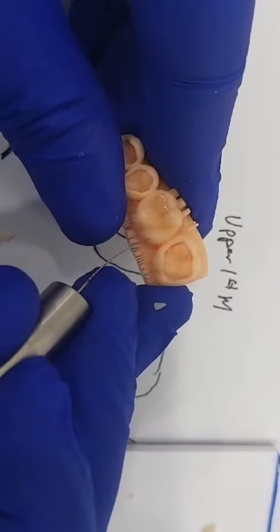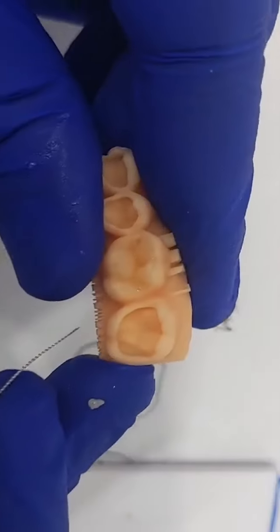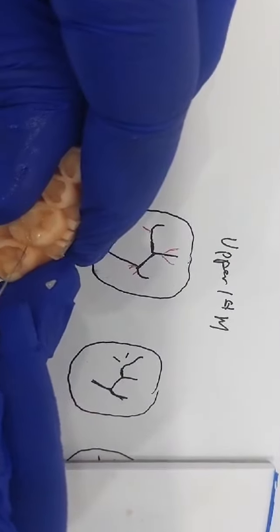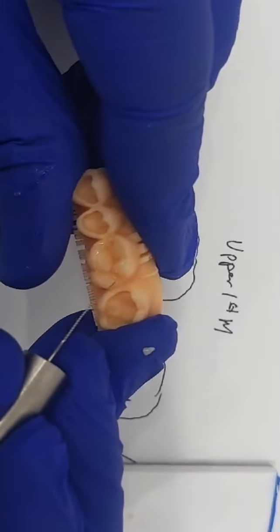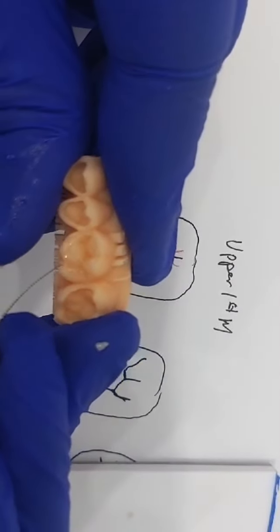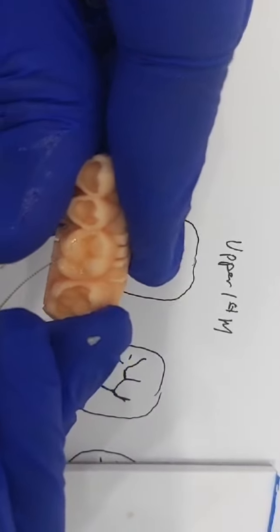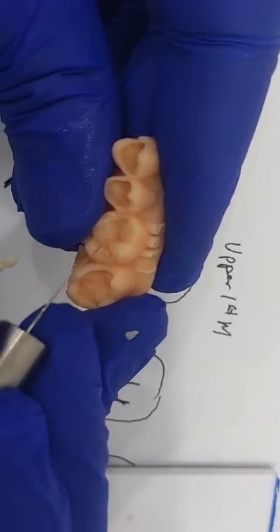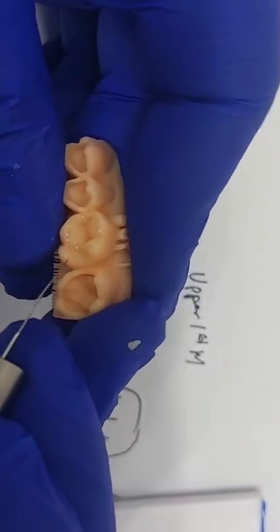And you just want to continue the fissure outline that's already there. So the disto buccal groove, this one here, continues with the mesiopalatal groove, but it's usually slightly inset to the mesial.